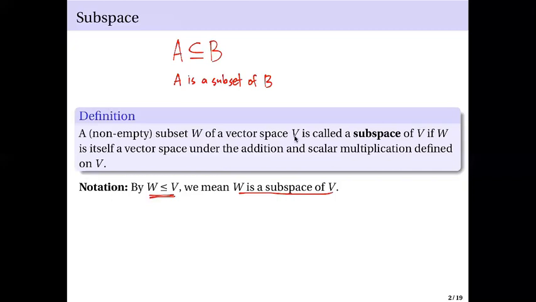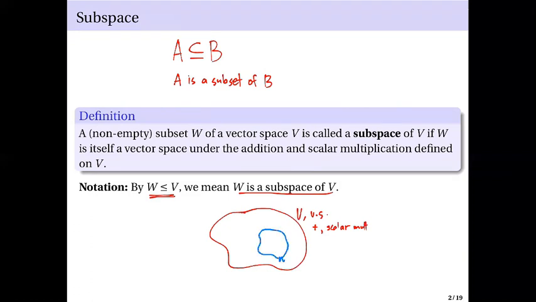So here, we have a vector space V, and you have your addition and also the scalar multiplication. Then you get a collection of objects.